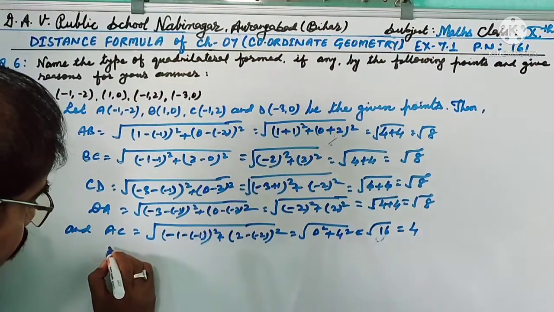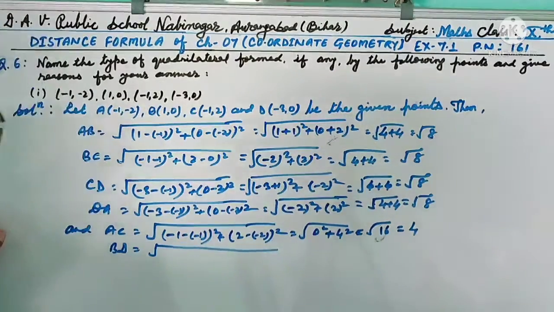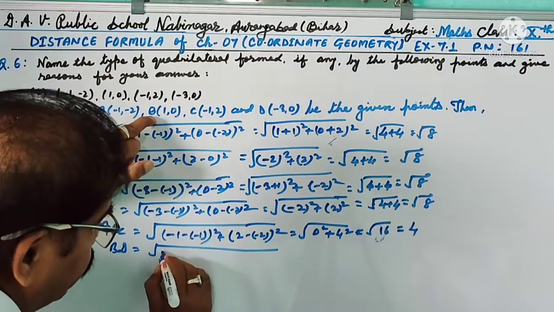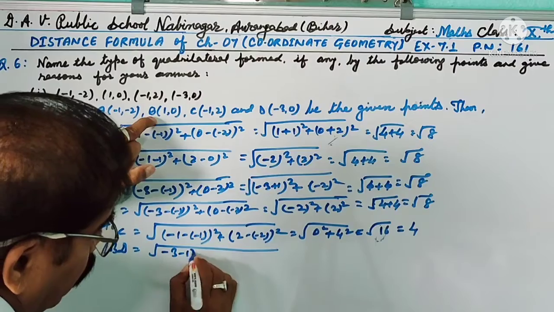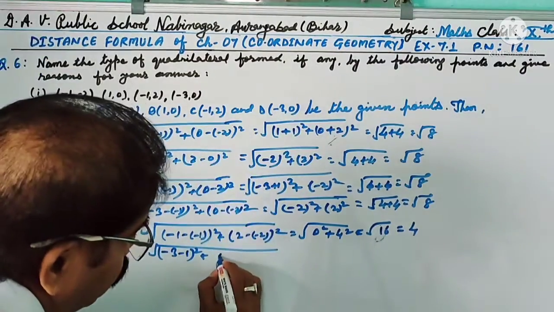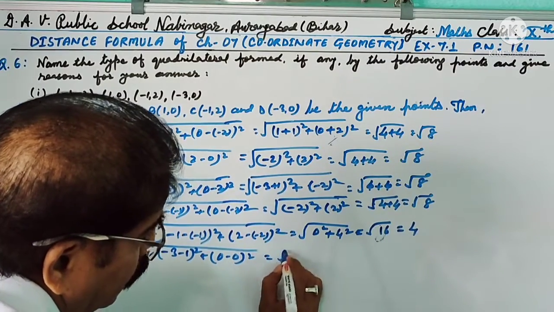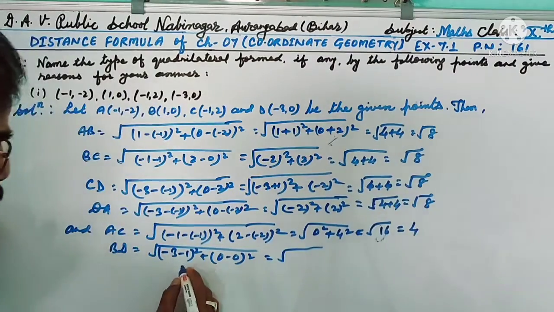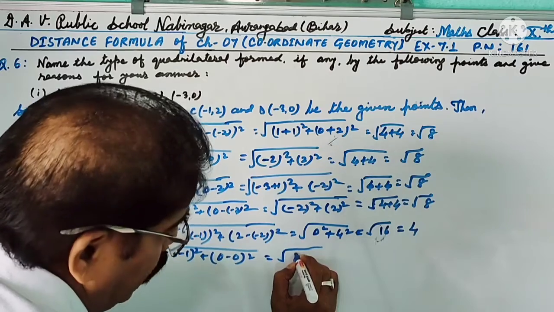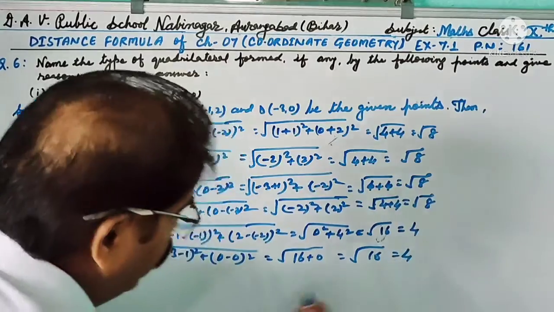And now BD equal to square root of (-3 minus 1) square plus (0 minus 0) square, that is (-4) square plus 0, square root of 16, equal to 4.